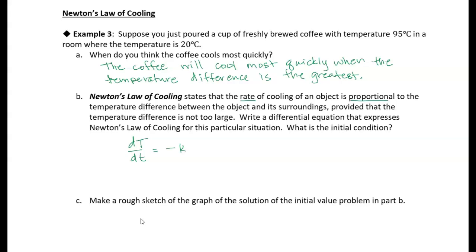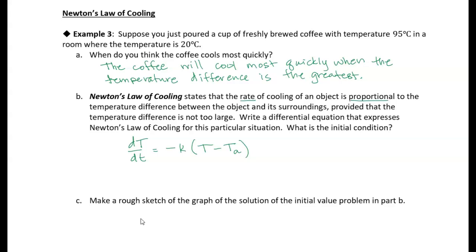So dT/dt, the rate of change of temperature over time, is negative. And it's proportional to the difference between the object and its surroundings. So let's say the temperature of the object is T and the temperature of the surroundings is T sub A.